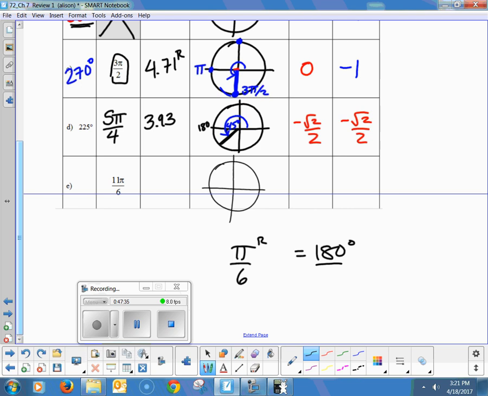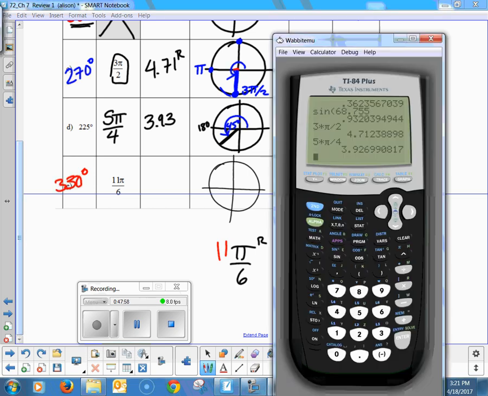And so pi over 6 is 180 divided by 6, which is 30. Pi over 6 is 30 degrees. And if I want 11 of them, that means I'm multiplying that times 11. And 11 times 30 is 330 degrees. Oh, there's my angle measure. 330 degrees.